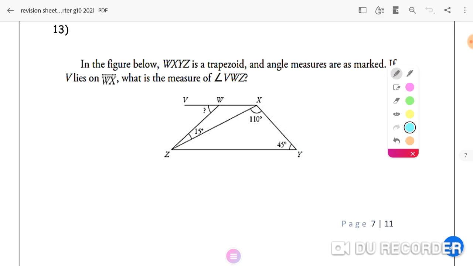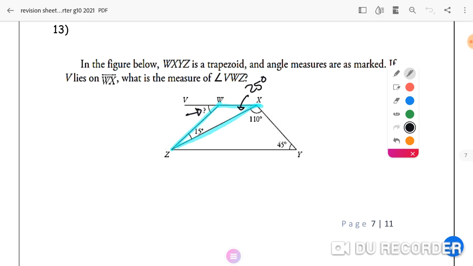Okay, so in the triangle WXZ, we're talking about this triangle so far. I could find out the value of this angle, which is 25 degrees. Okay, how can you find out the value of this angle?